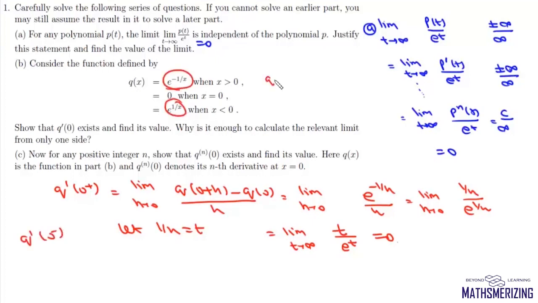So suppose we have to find the value of q(minus 2), it will be e to the power minus 1 by 2, and which is the same as the value at 2. So this given function is an even function. So we just have to calculate the limit from only one side. So this q dash 0 exists and its value is simply 0.